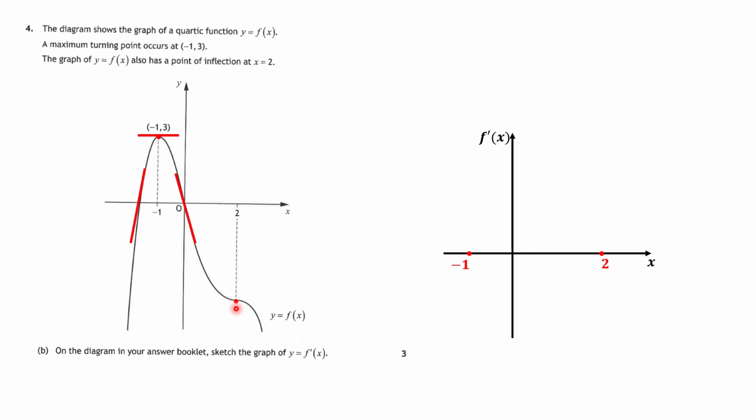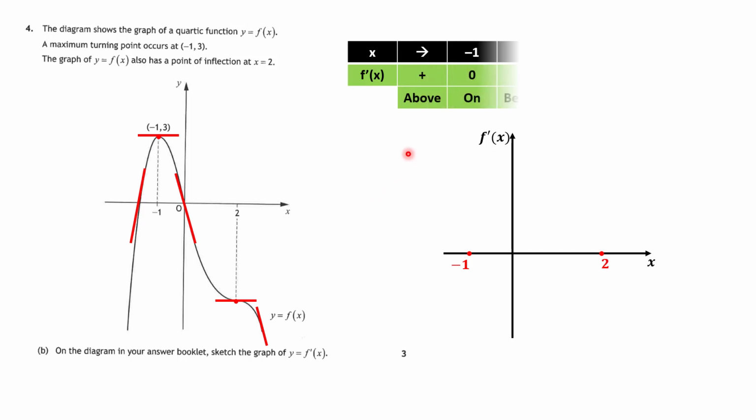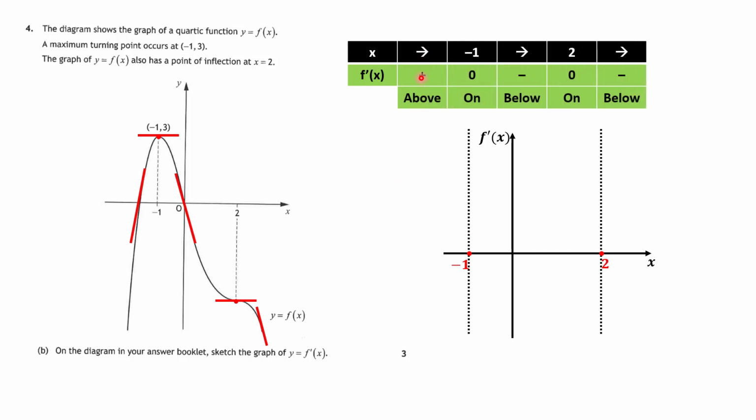When we hit this point of inflection, it's a 0 gradient, and after that to the right, it's a negative gradient. So we can put these into a table. f dashed of x as we approach that is a positive gradient, that's this one, then it's 0, that's this one, and then it's negative, that's this one, back to 0, that's this one, and then negative, this one.